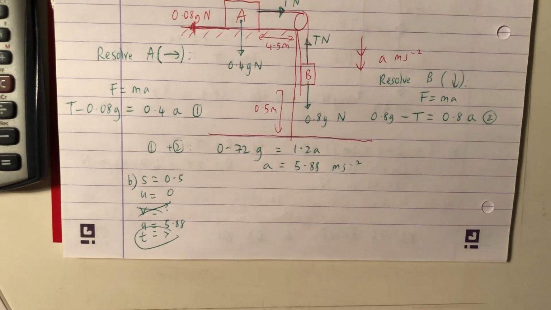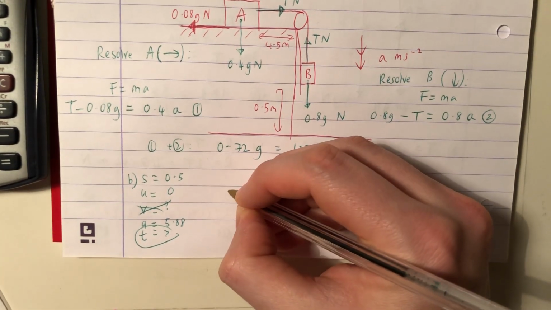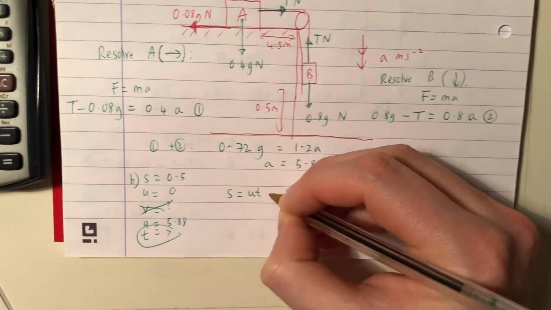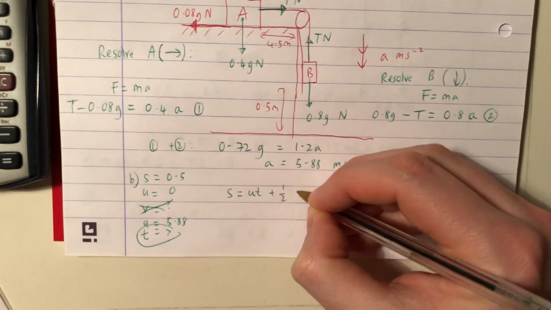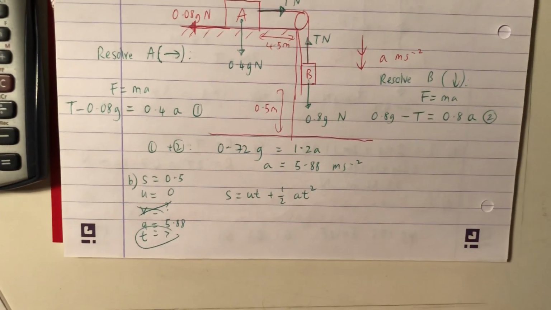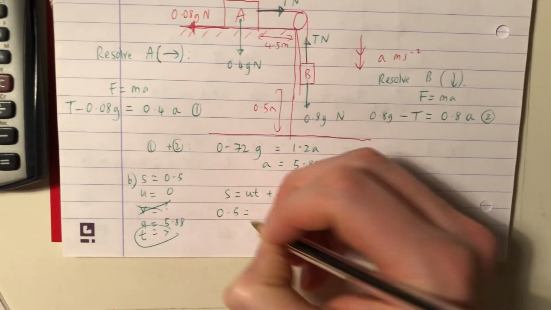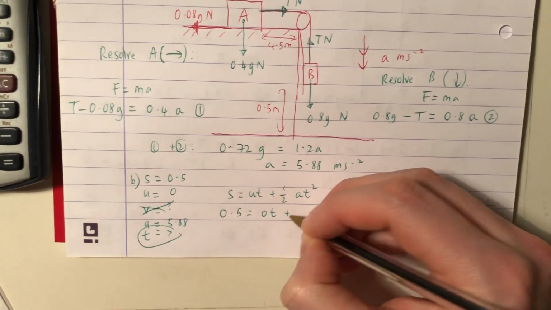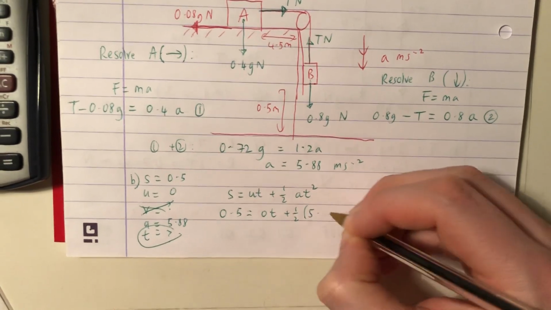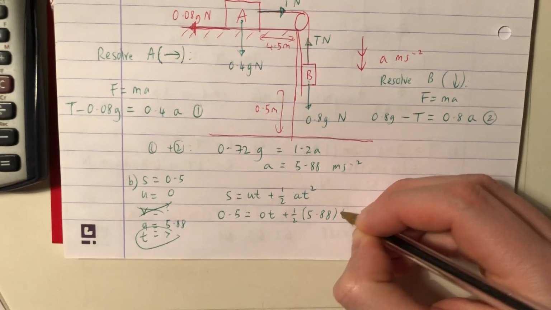S, U, A, and T, we get S equals UT plus a half AT squared. Substitute everything you know in. 0.5 equals 0t plus a half 5.88 t squared.